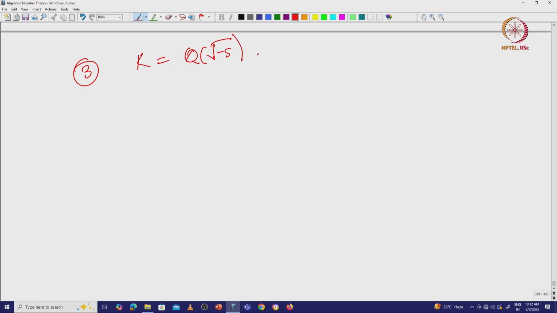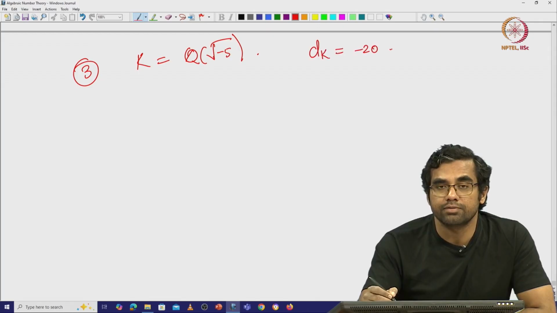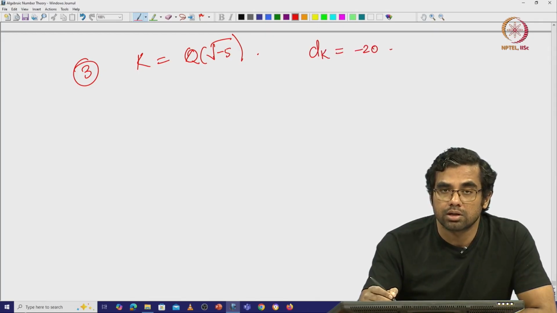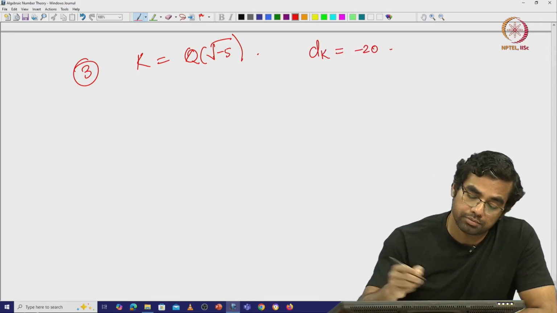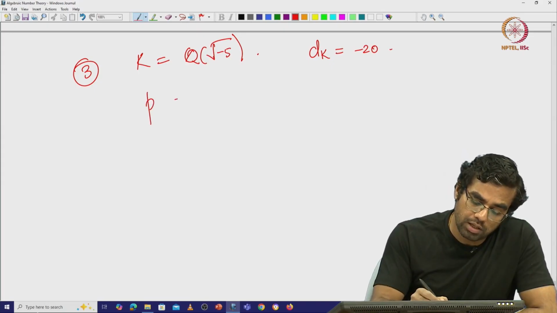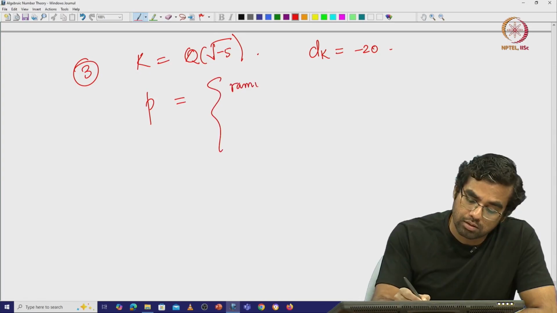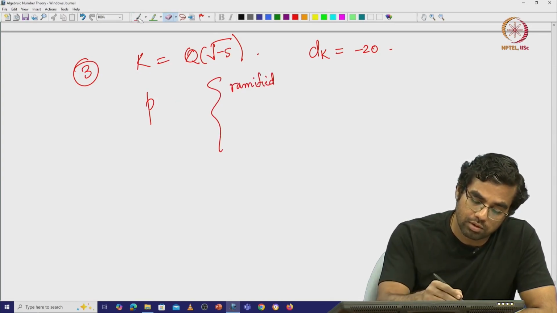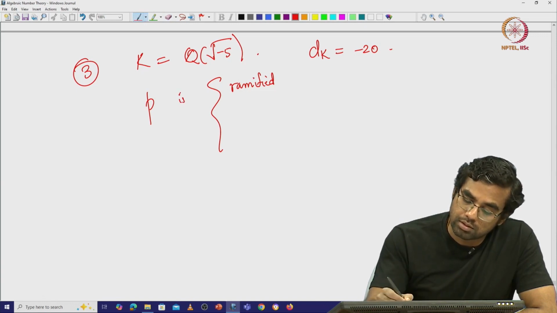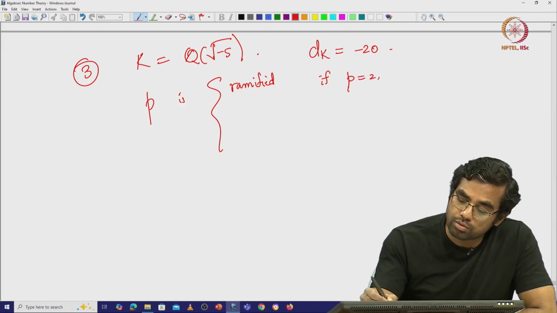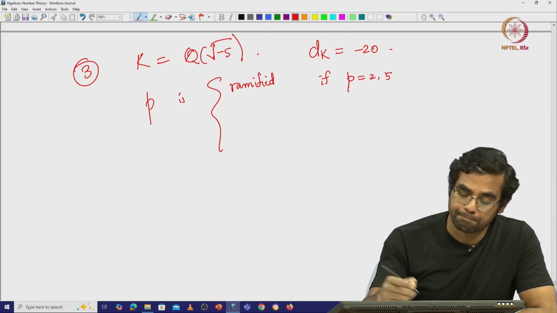Maybe two more examples. In this case, D_K is -20 because -5 is 3 mod 4. And so P is ramified if P is equal to 2 or 5.